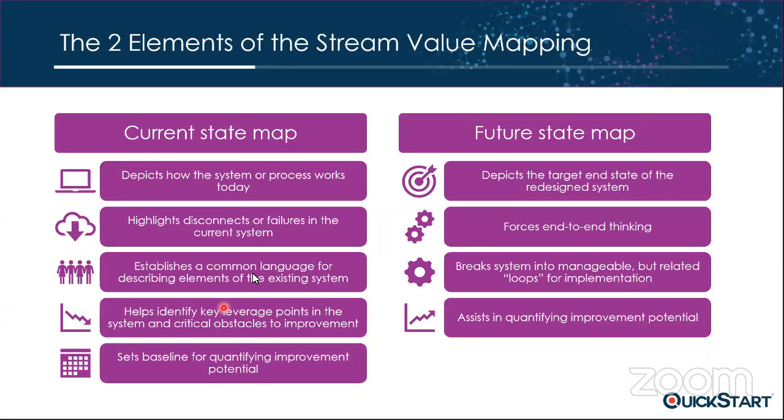So what is specifically the current state map? It's to understand how the system is working today. The focus is on today's status, not on improvement. It's only the picture. For sure, we'll need to take several pictures of the process, but at this point it's really a picture.